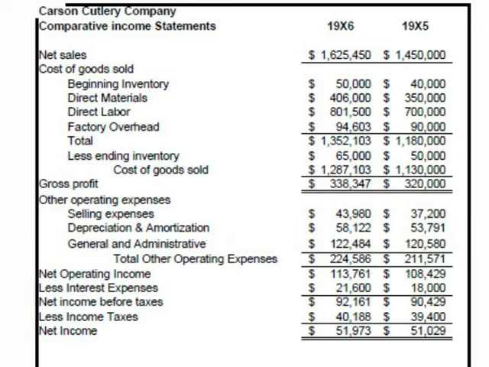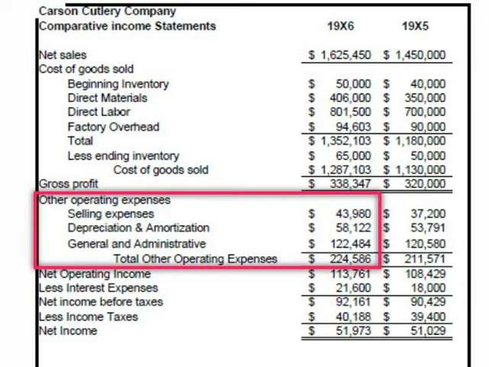$330,347. From that, we need to subtract different operating expenses that include selling expenses, depreciation and amortization, and general and administrative expenses. Depreciation in this case, 58,122, is a computation on how much we have used our fixed assets in the previous report, and that represents a cost even though we didn't pay particularly any cash to anybody, because we might still have our equipment.